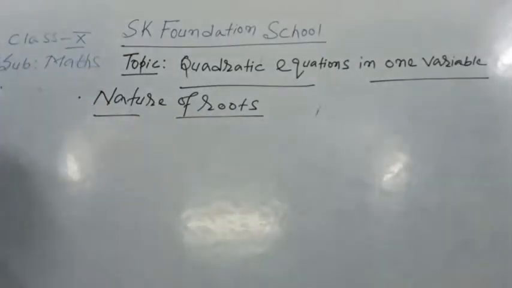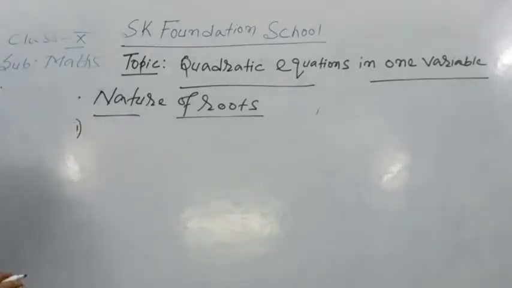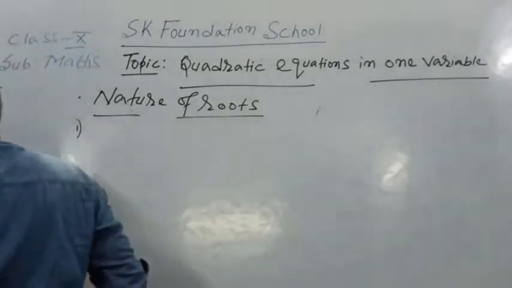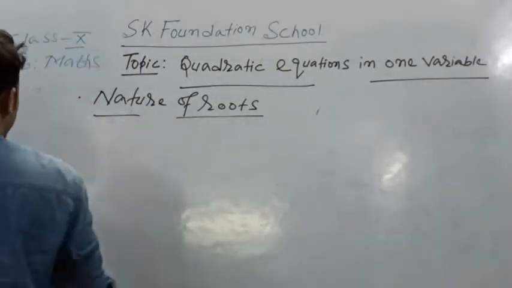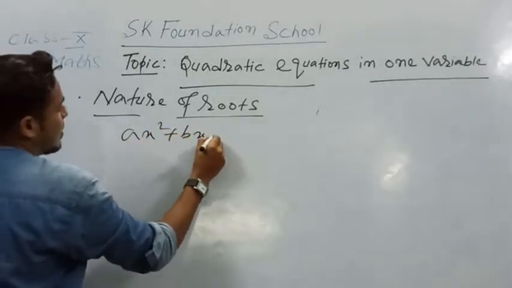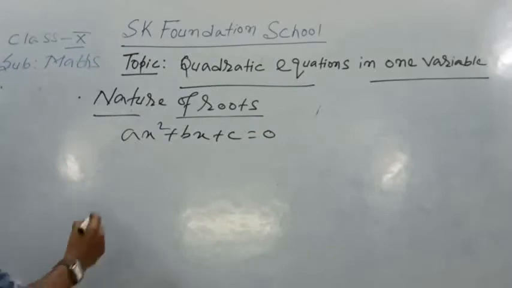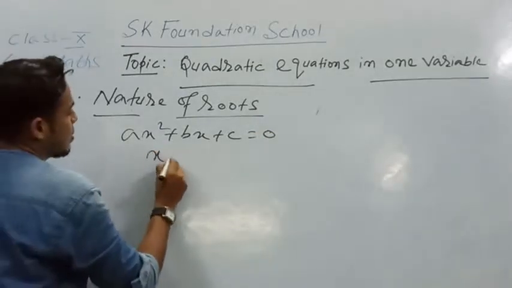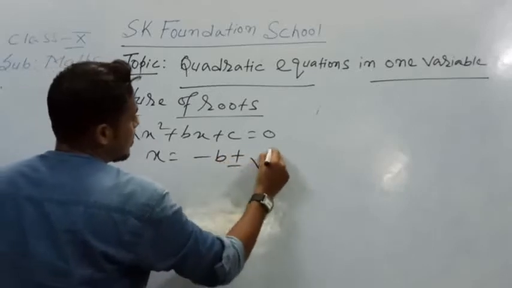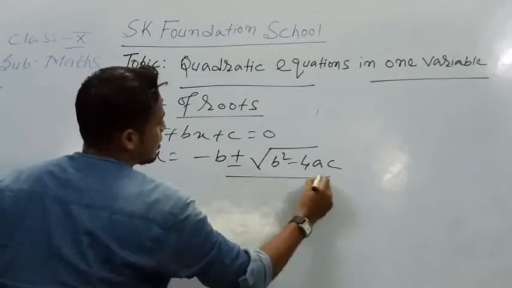Now condition number 1, or case 1. In the equation ax square plus bx plus c equals 0, when we find the value of x, we write x equals minus b plus or minus root over b square minus 4ac, by 2a.